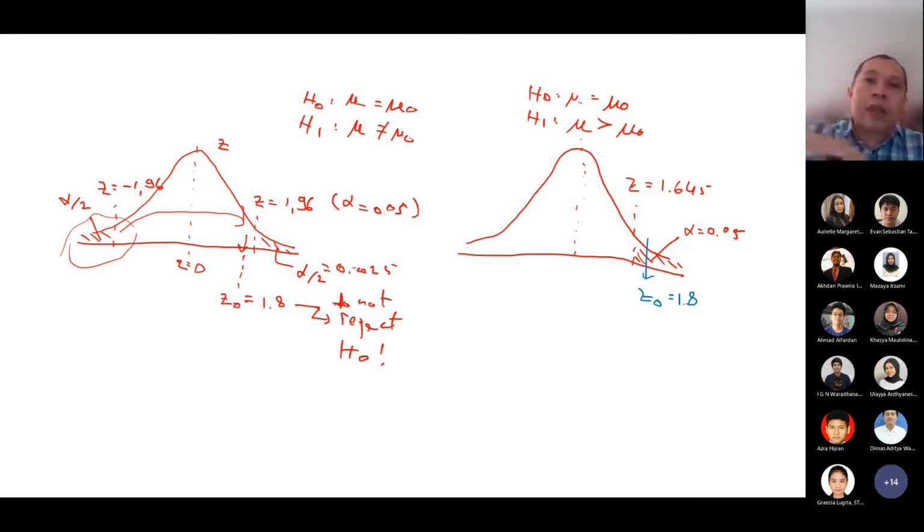All we change is the hypothesis, right? But now, lo and behold, the Z0 is located in the rejection region of H0. So now the conclusion is reject H0. Ya, simsalabim, kesimpulannya berubah.